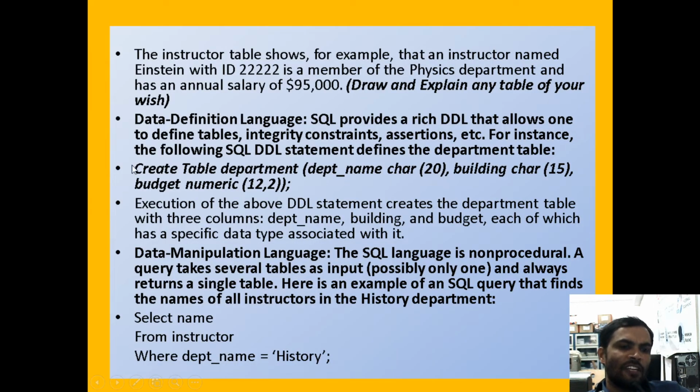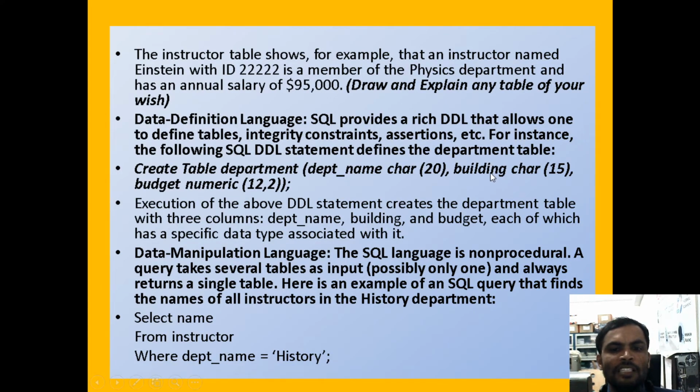Now in the same way, if you want to define the table, it is the same: create table with the table name, here the department name, character is 20. Actually under the database, first they implemented the character data type. Under character they implemented varchar. Under varchar they implemented varchar2. Varchar2 was implemented by the IBM people. There was a drawback in character, and that is why they gave the second version.